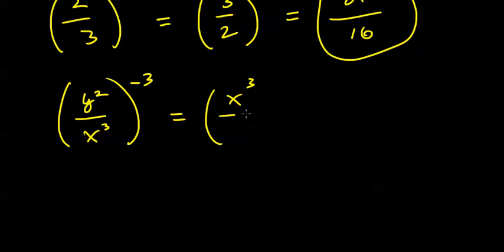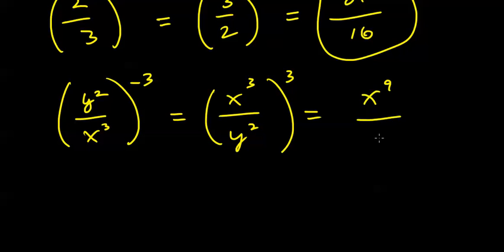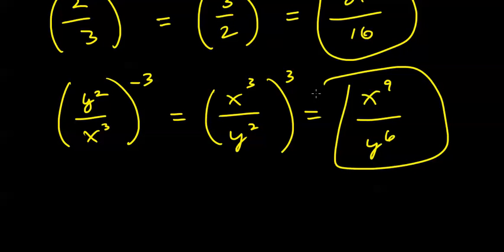And it may make my life a little easier here. So invert that base fraction expression. Let me make sure I did it right. X cubed over y squared to the 3rd power, changing the outer exponent sign. Hence I get x to the 9th over y to the 6th. Completely simplified with positive exponents only.